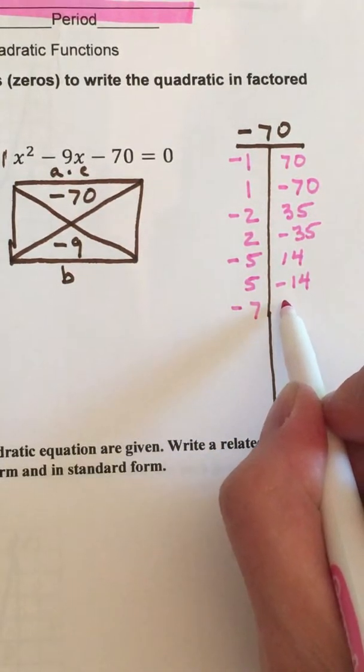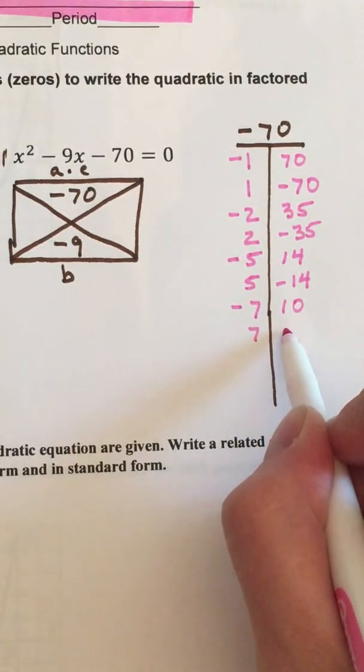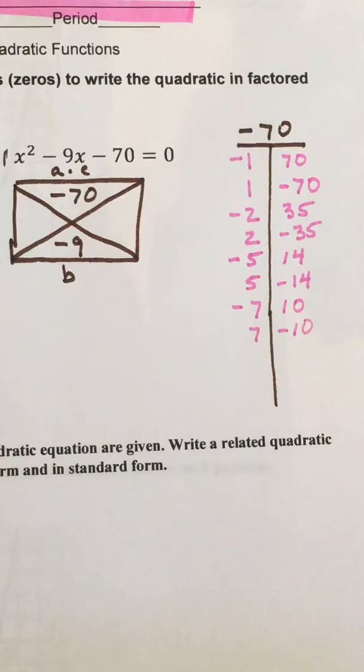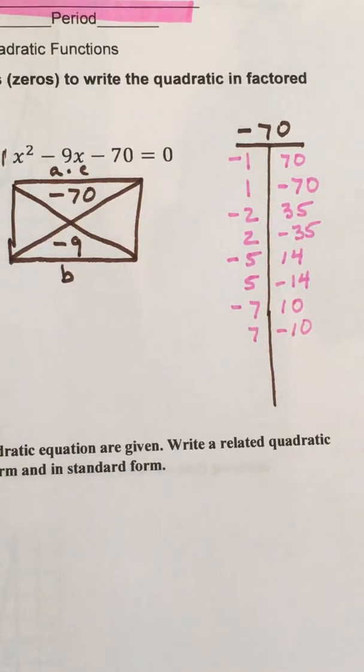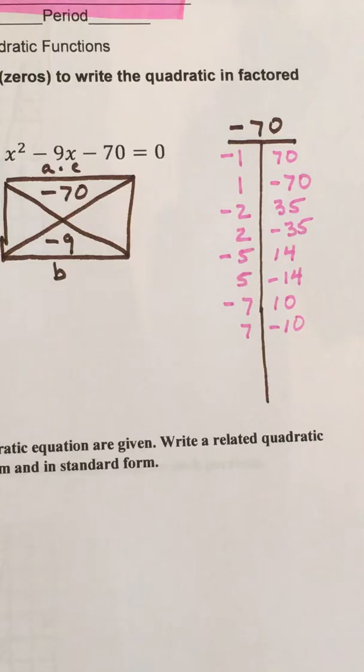And one of the best things to multiply by is 10. So that is all of the pairs of numbers that would make -70.